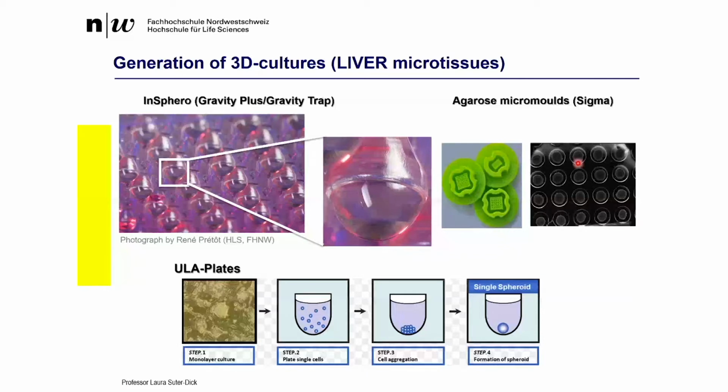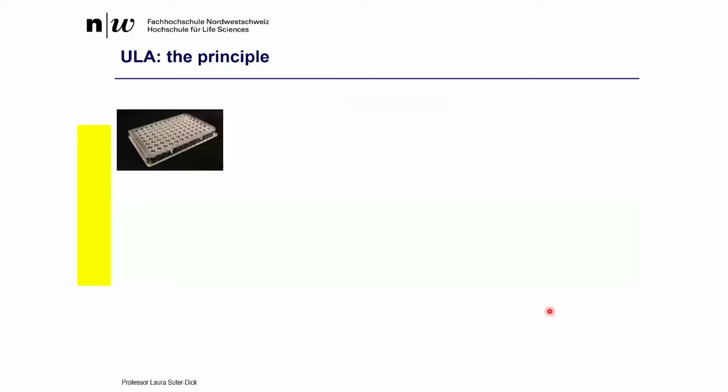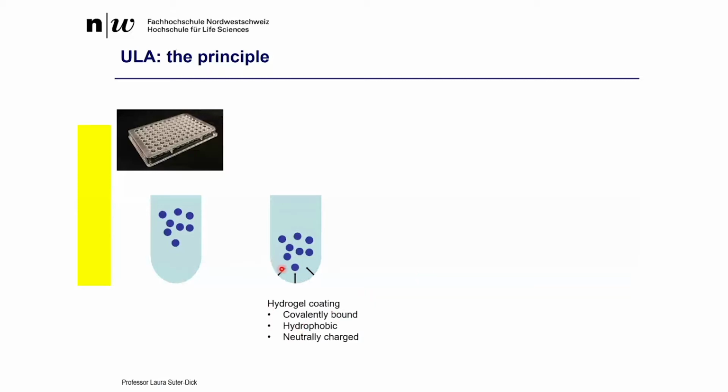Normally, when you put cells onto plastic or an extracellular matrix, as you did also in your 2D cultures, the cell is not adherent because it comes in suspension, but as soon as you put it on this flat surface, the cell will start to attach and generate a monolayer. By having this round bottom and this hydrogel coating, we hinder the cell from doing that.